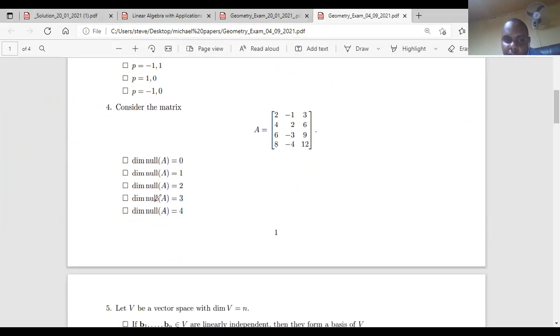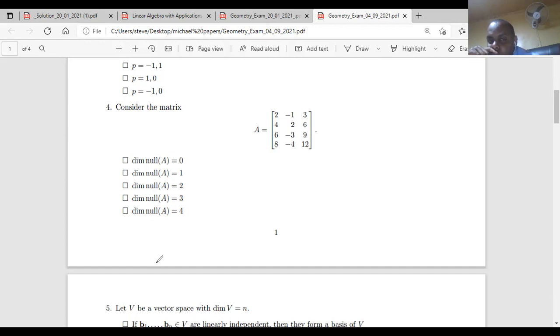So they want us to find the dimension of the null space. To find a null space, you need to do the kernel. You just solve the matrix.